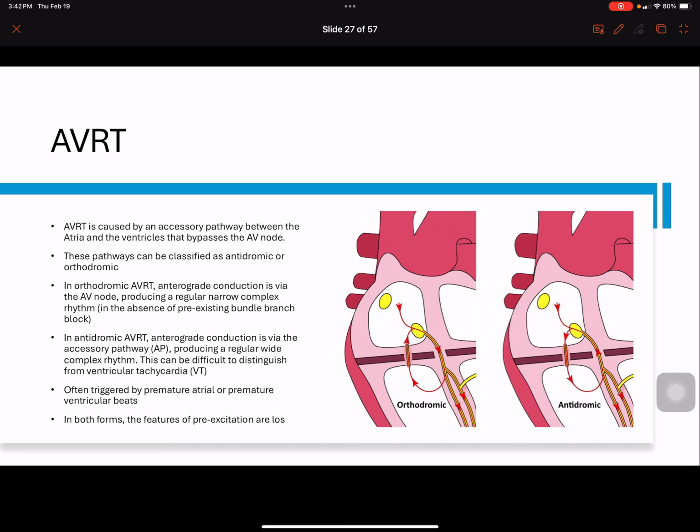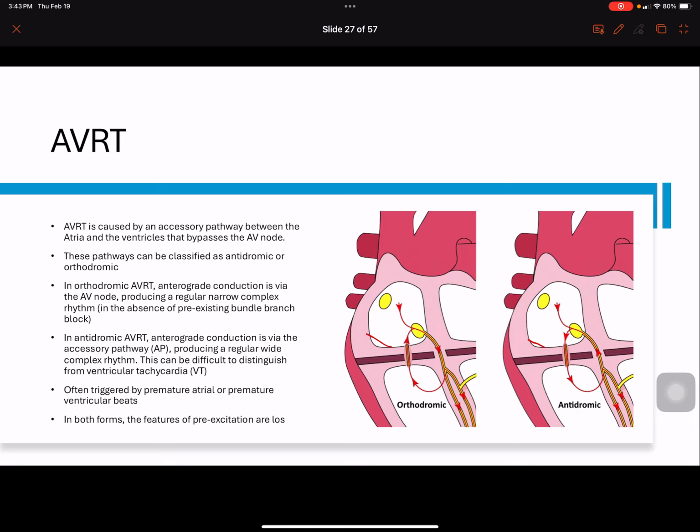And this is a very tricky dysrhythmia. It is rare, but if the patient does have an AVRT, atrioventricular reentry tachycardia, not an AV nodal reentry tachycardia, now the accessory pathway is here. It's between the atria and the ventricle.